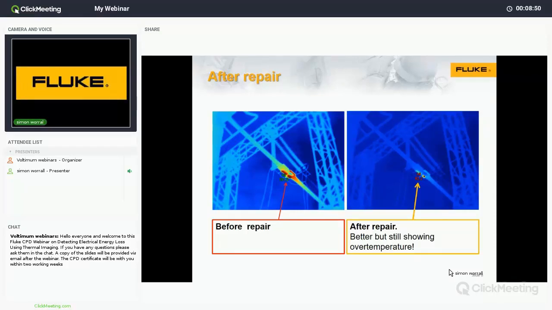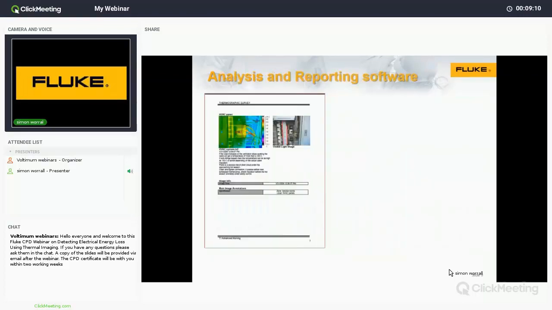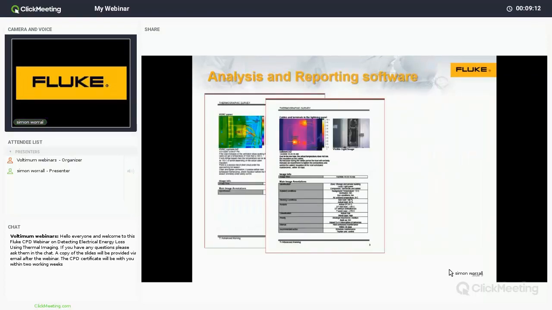And ultimately, us as customers and users of infrared and thermal imaging, we all have customers. They may be internal customers, our own companies and management, or you're selling your services. And for that, when you're using thermal imaging, what you want is good analysis and report software. Because this is what pays you to do the job.